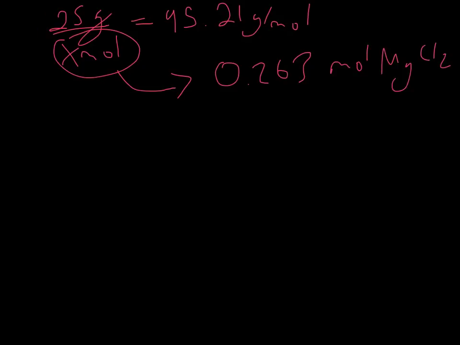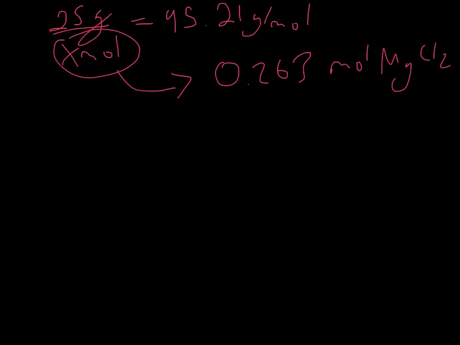Now it's pretty important to label what chemical you're finding the mole of, because later you might be dealing with several chemicals and you might get mixed up on what is the amount of which.